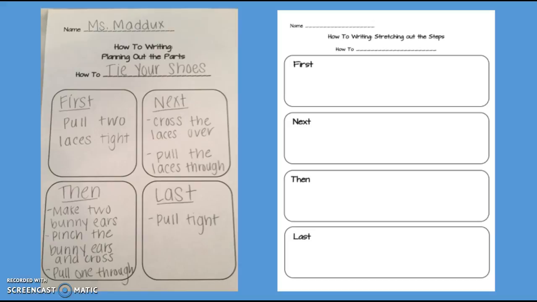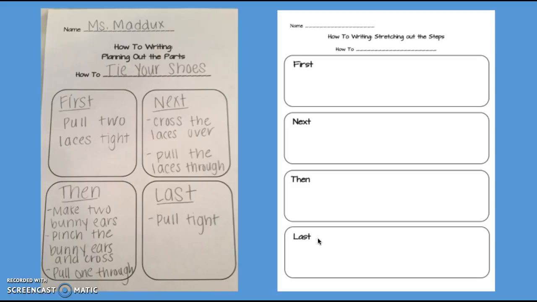And then yesterday we ordered them first, next, then, and last using those transitional words. Those actually transfer right over into our actual writing. So we will start each of our steps with that transitional word just to help our reader know that we're transitioning from one step to the other.